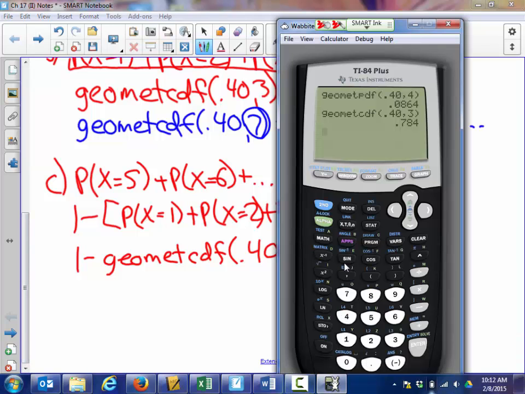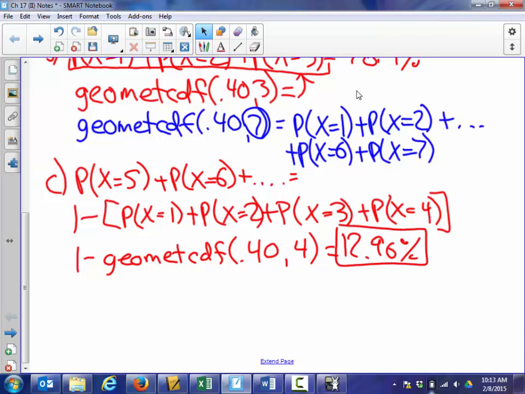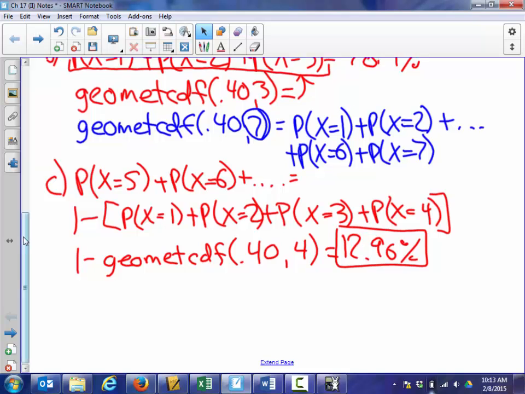And that gives us, using Wabbit, 1 minus second distribution, scroll up, geometCDF will enter in 4, paste. Let me make sure that the syntax is good. Yeah, and that looks correct. We'll hit enter there. Okay, so we find a 12.96% chance that your first head success will occur on the 5th, 6th, or etc., trial. That is flip of the coin.